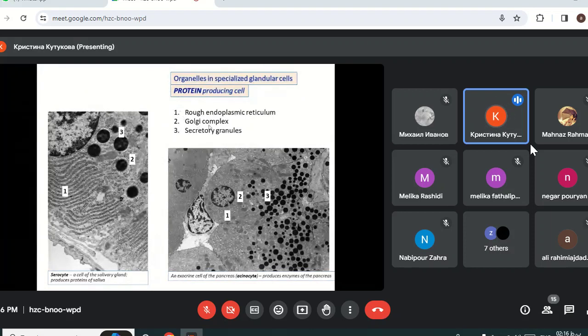It will have a very well developed rough endoplasmic reticulum because it's for production of proteins for export. Here in the left picture you can see it labeled with number 1, a lot of rough endoplasmic reticulum. In the right picture you can see here many cells.